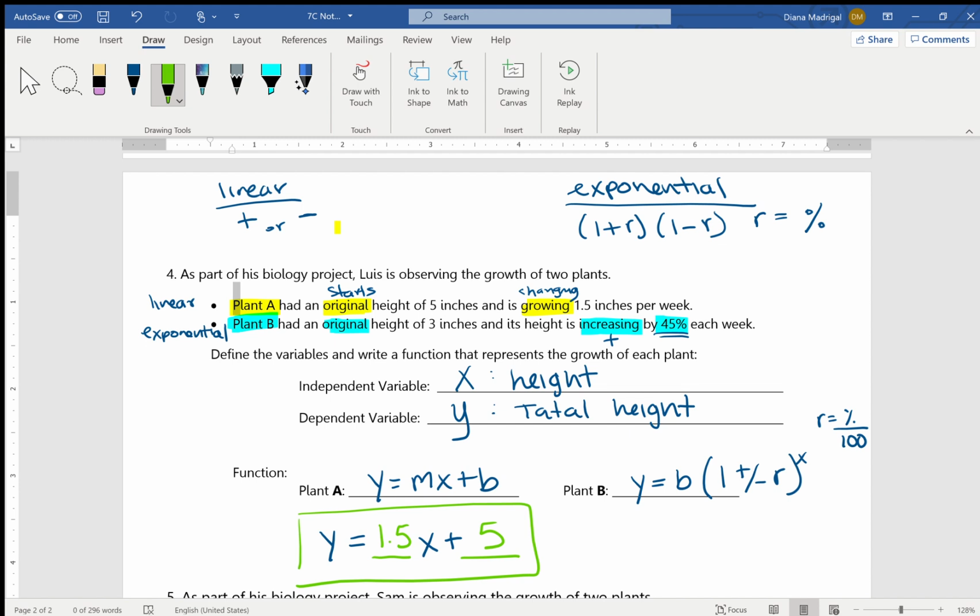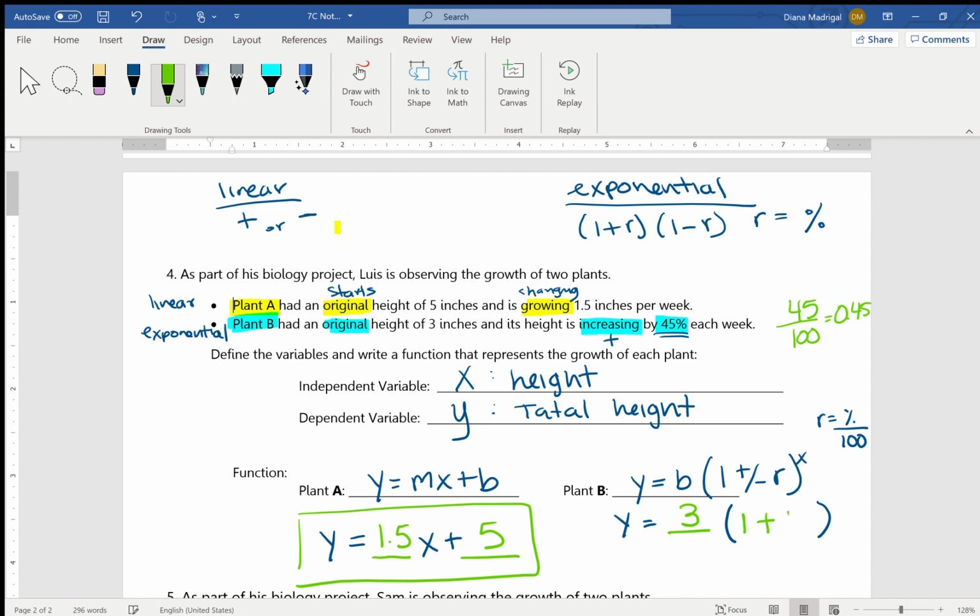Let's do the next one. Again, you're just filling in the blanks for b, and then don't forget that you have to decide if it's going to be 1 plus or 1 minus. I already told you that the original height, which I even highlighted, means initial height, which is 3. So this is your b. The height is increasing by 45%. Increasing means adding, so it's going to be 1 plus, and r is going to be 45 divided by 100, which gives me 0.45.